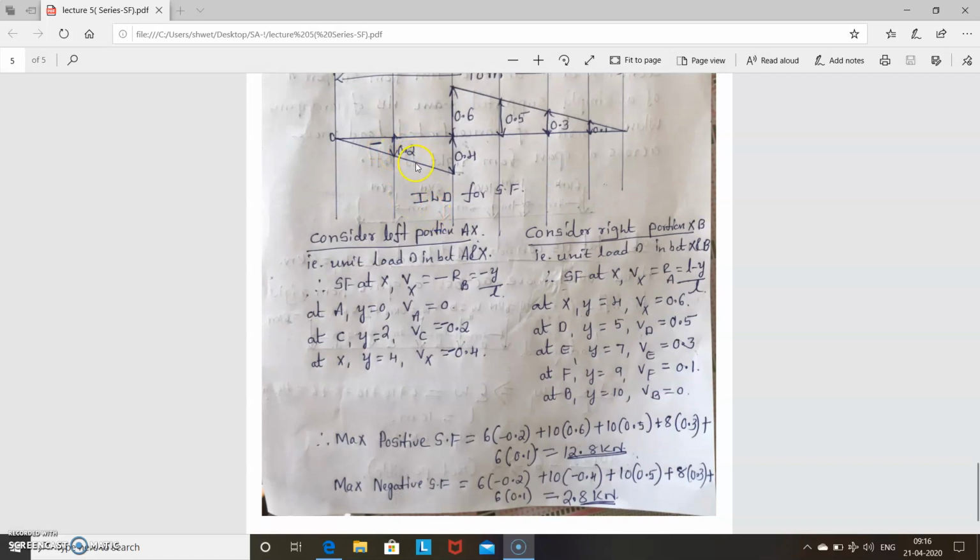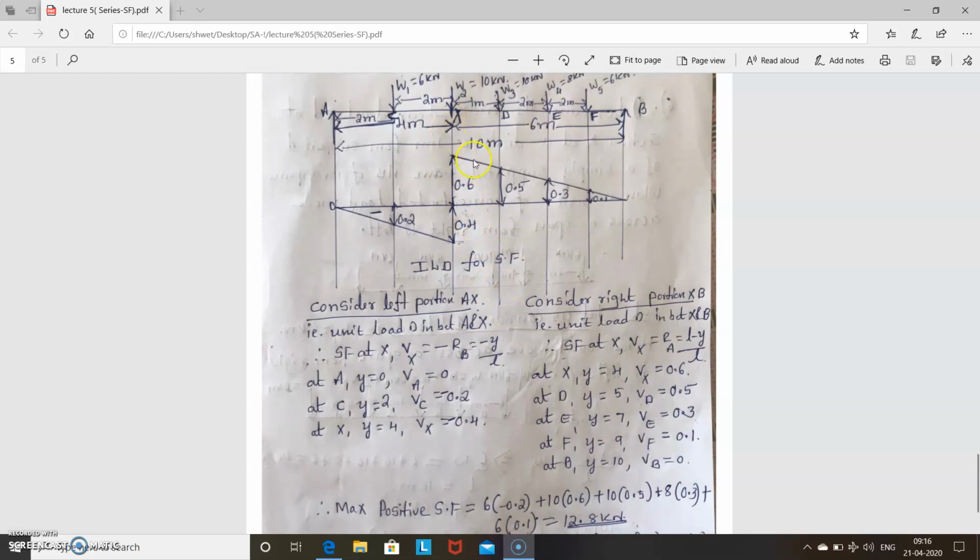Now mark the points here. For the left portion, at A it is 0, at C minus 0.2, and minus 0.4 at X. Then for the right portion, at X it is plus 0.6, then 0.5, then 0.3, then 0.1 at F. So draw the line. This is the ILD for shear force.